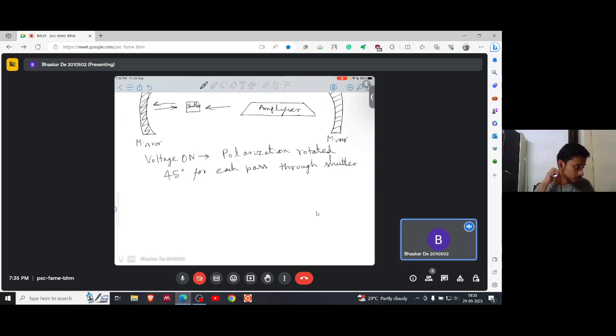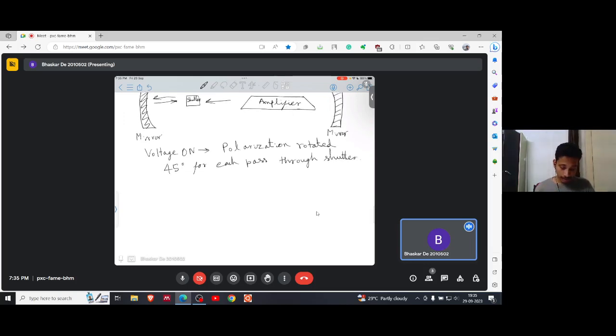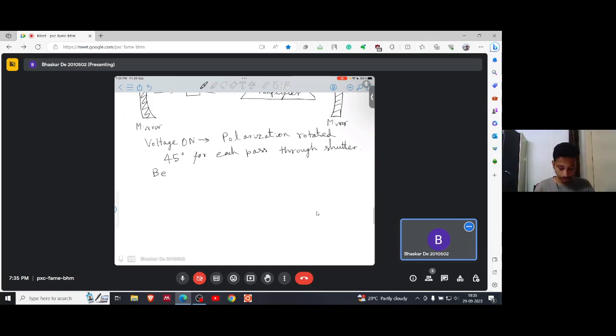So that will make the returning beam to the amplifier rotated 90 degrees.